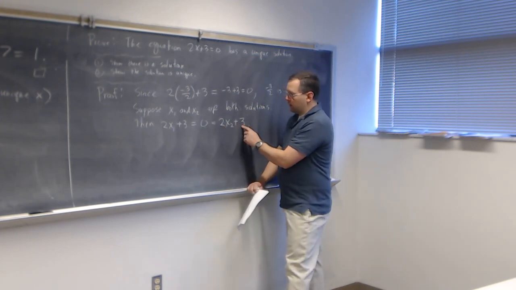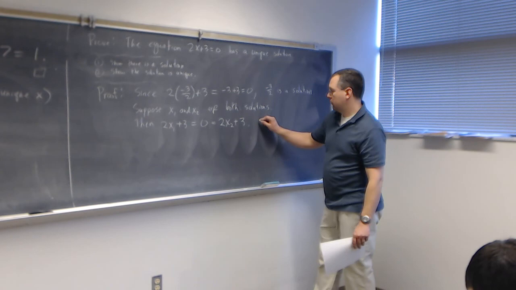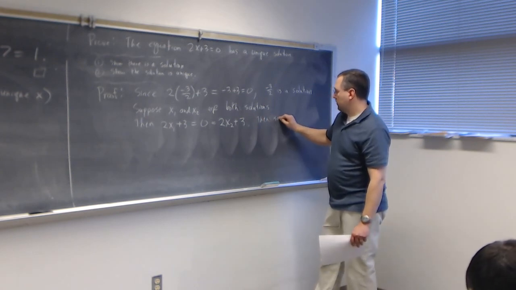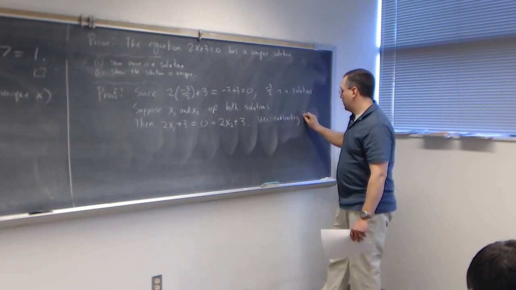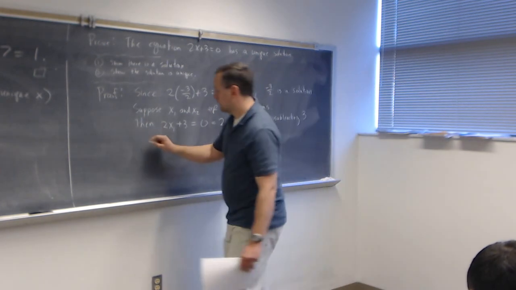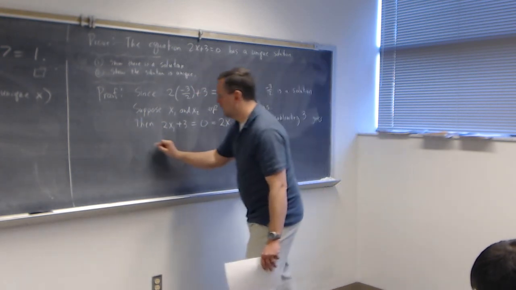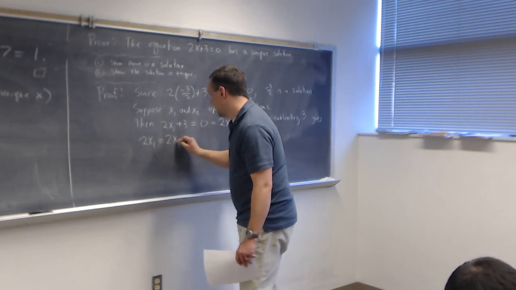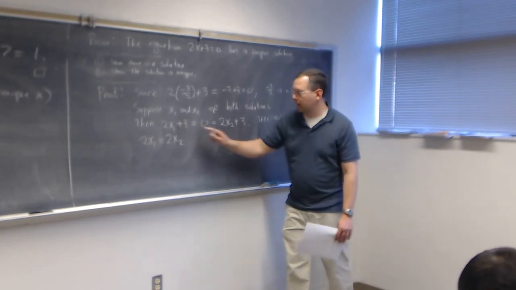So what I'm going to do is subtract 3 from both sides of this equation. Subtracting 3 gives 2x1 equals 2x2. I'm just trying to isolate x1 and x2.